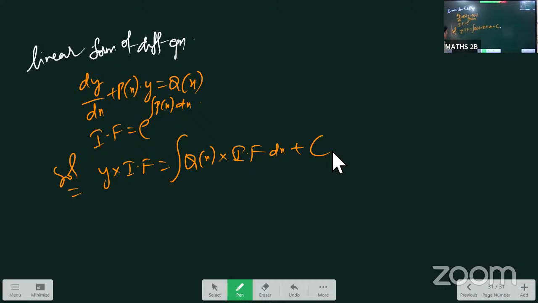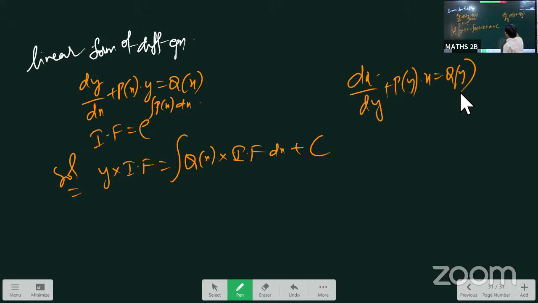So that you can do integration easily. Okay. The other form is what? Suppose it is not in that form, then dx by dy plus p of y into x equals q of y. Then your integrating factor is e to the power integral p of y dy.